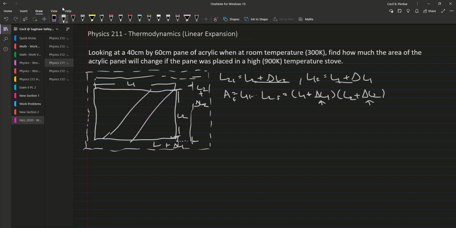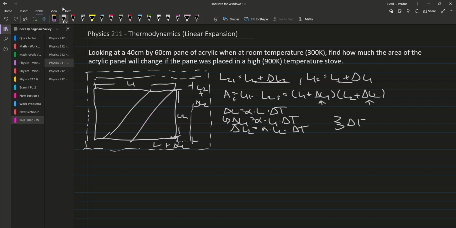Well, we know that in order to find the change in any given length for linear expansion, it's going to be equal to our coefficient of linear expansion times the given length times the change in temperature. So we can say that the change in L1 is going to be alpha times L1 times the change in temperature, and the change in L2 is going to be alpha times L2 times the change in temperature.